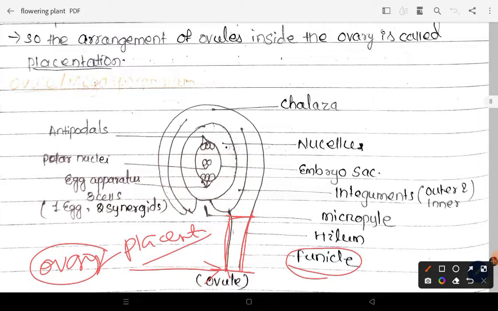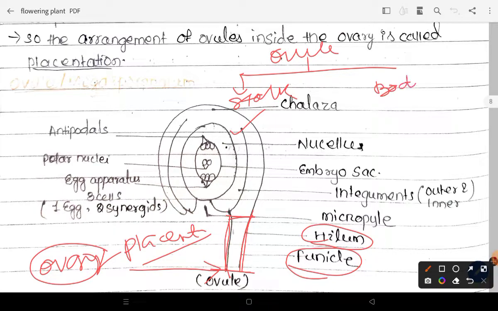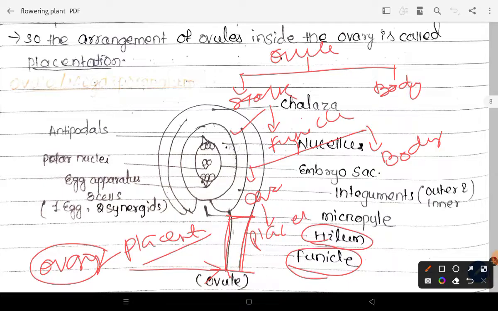The apical end of the funicle is connected with the body, at a point known as hilum. So this is all about the stalk or funicle.